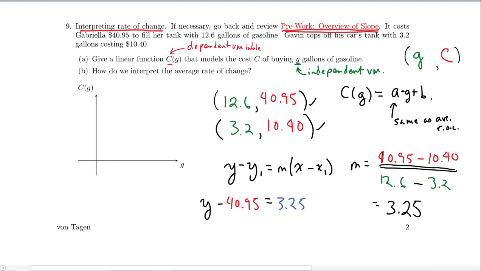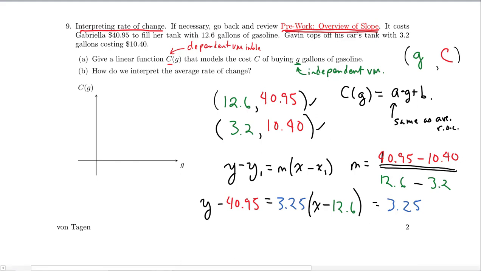I'm going to put the slope here in blue just to help with the visuals. So 3.25 times x minus x1, x minus 12.6, the x coordinate with the y coordinate of 40.95. So folks, if I ask you for the equation of a line, I'm happy with you giving it in this form.